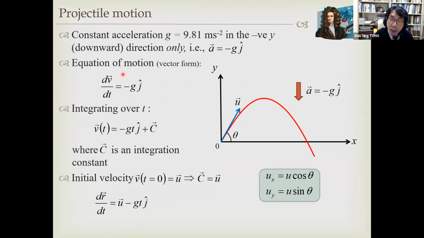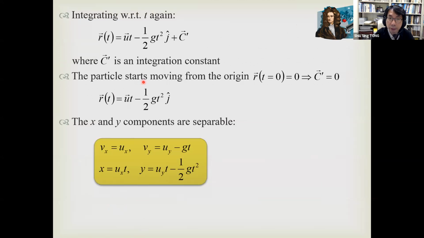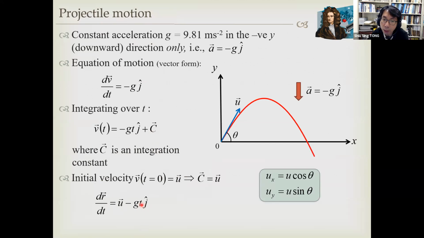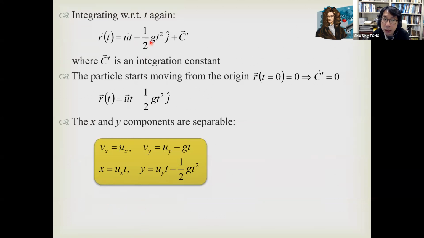The left-hand side gives me r. The right-hand side, I start with u, and I get ut, because u is a constant. In the second term, I have minus gt, and integrating t gives me 1/2 t squared. So now I have minus 1/2 gt squared, goes with the vector j.